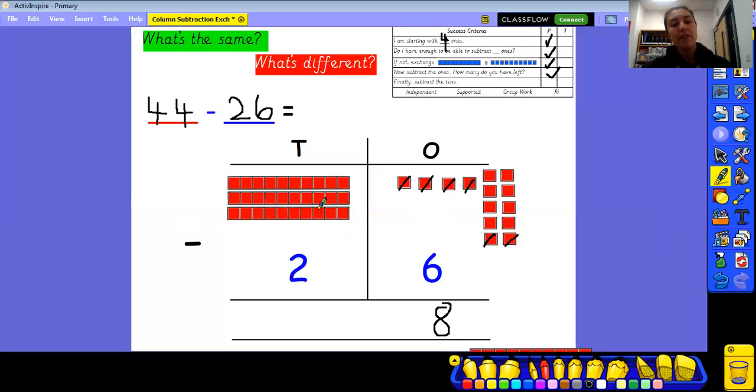So I don't have 4 tens anymore because one of my tens was exchanged for 10 ones. So I've only got 3 tens left, and I'm subtracting 2 of them. And that leaves me with 1 ten. Fabulous. So 44 take away 26 is 18.